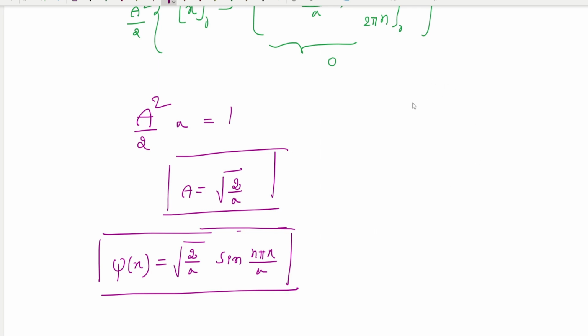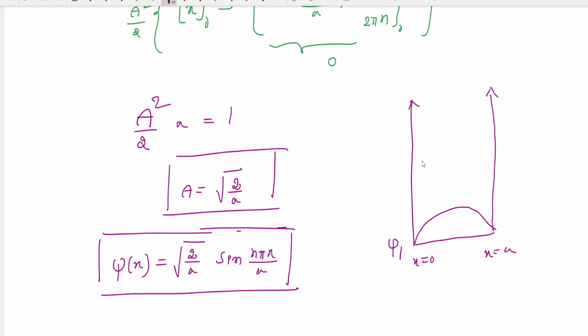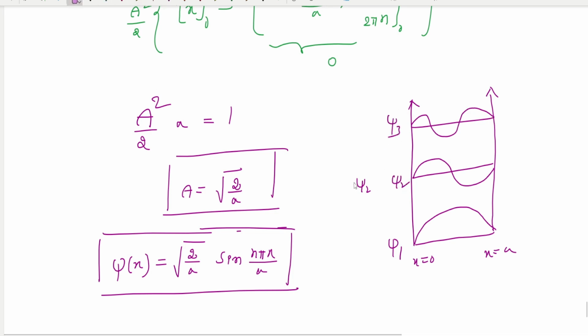Therefore, the first three wave functions are like this. This is the first wave function, psi 1, x equal to 0, x equal to a. This is psi 2, and this is psi 3.